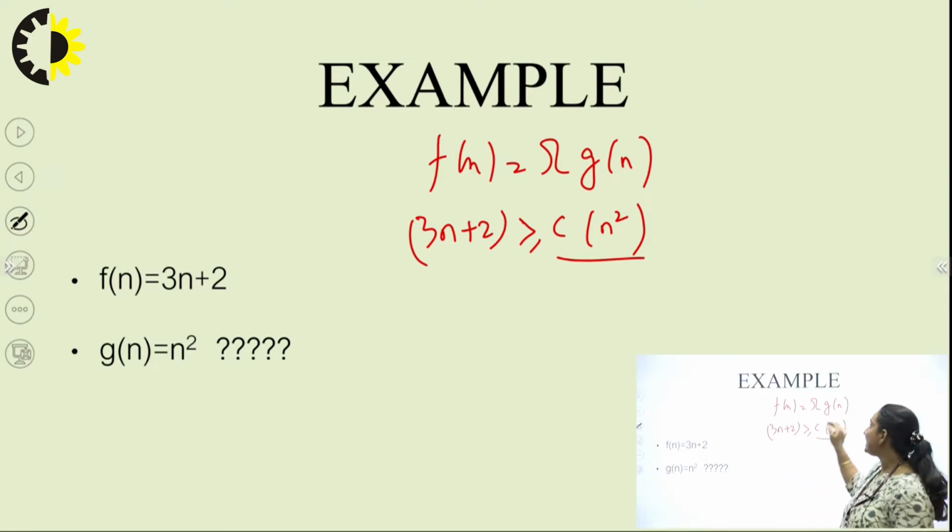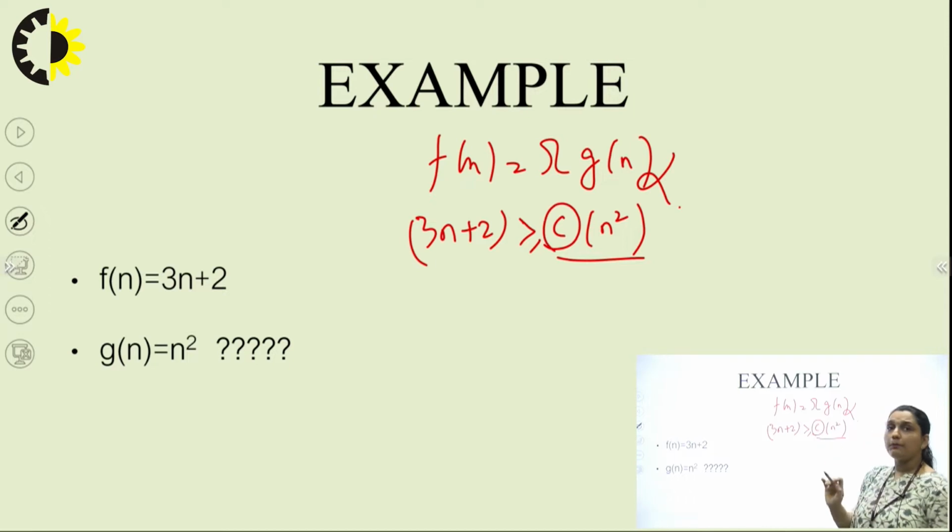No, we can't write it, because it is polynomial. We can't put polynomial here. This is a restriction of C. This C is always greater than or equal to 1, but it's not polynomially multiplied. So we can't write n square here.